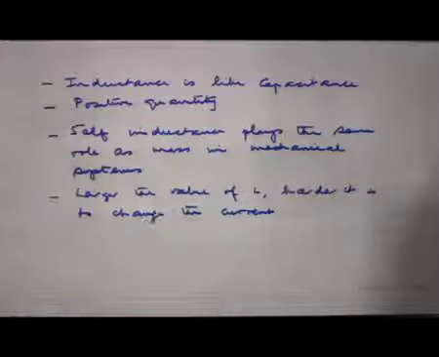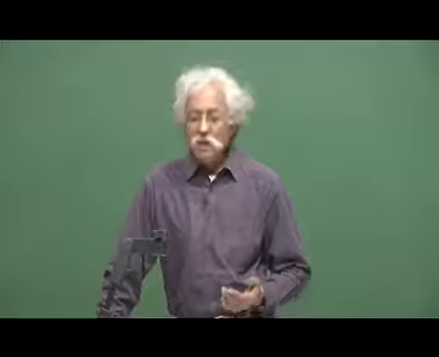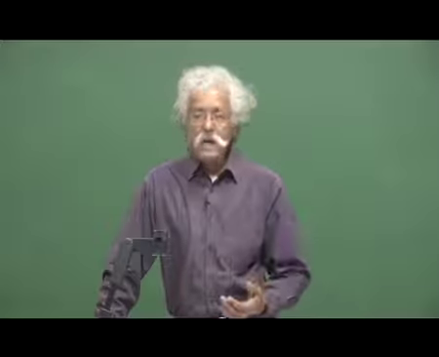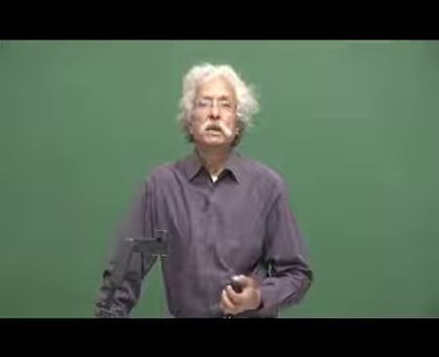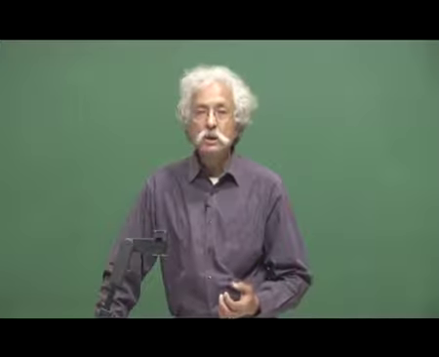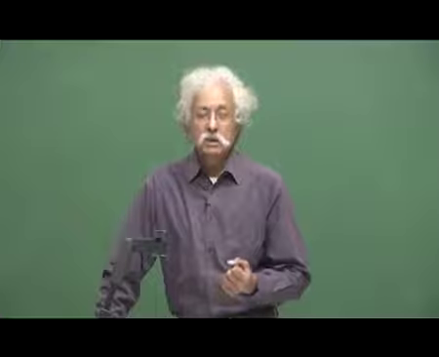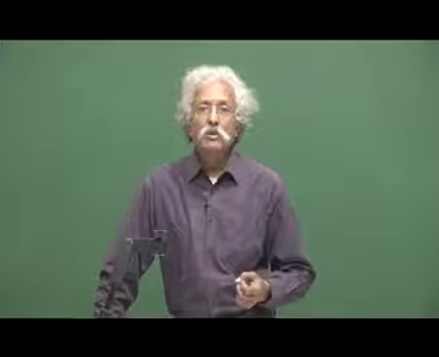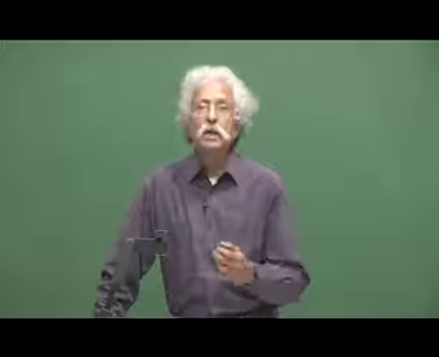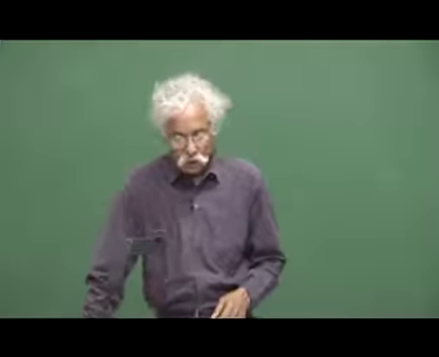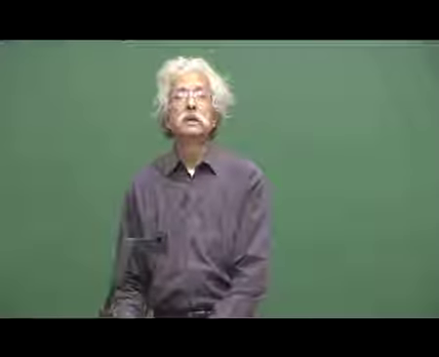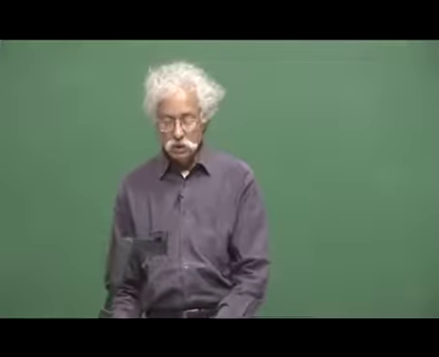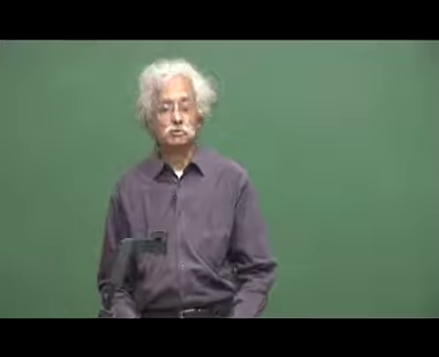Whenever we have a coil like this and we try to change the current in the coil, that gives a back EMF, which opposes the change that you are trying to introduce. It is like an inertia on the system, and it acts like mass in mechanical systems: the heavier the object, the greater the force you need to move it. Similarly, inductance is like an inertia, and it opposes any change that you are trying to make.